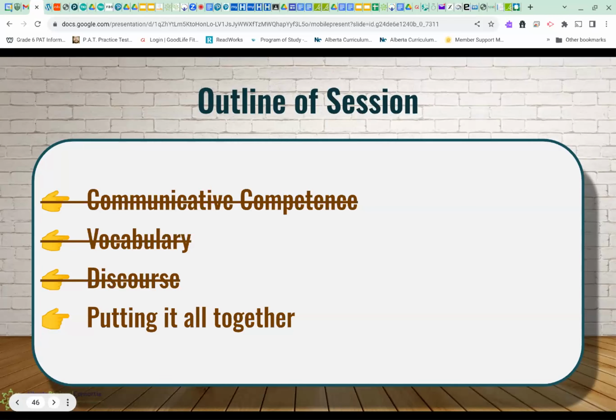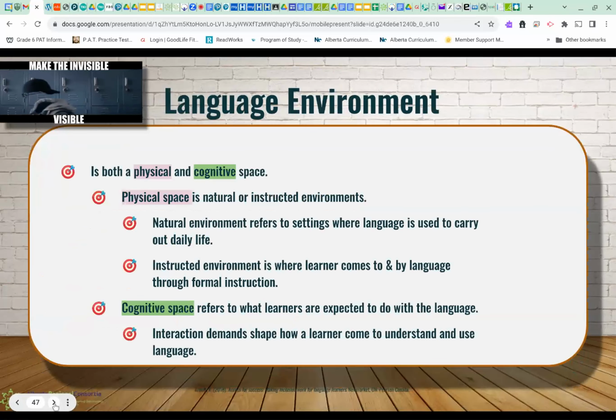And then we're going to take a couple of minutes here to put it all together. I'll get you to click on the next one. The pieces we're highlighting are based on Katie Arnett's work on creating a language environment. We want to create a physical and a cognitive space.